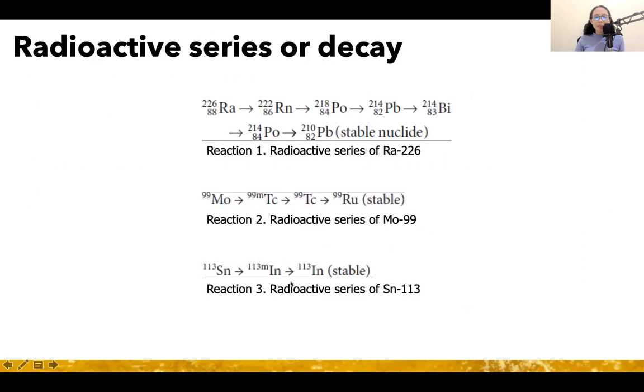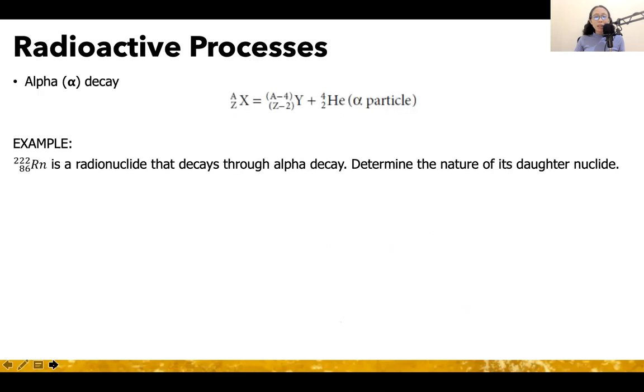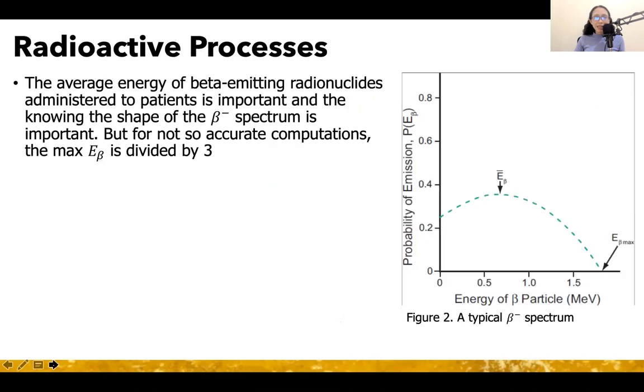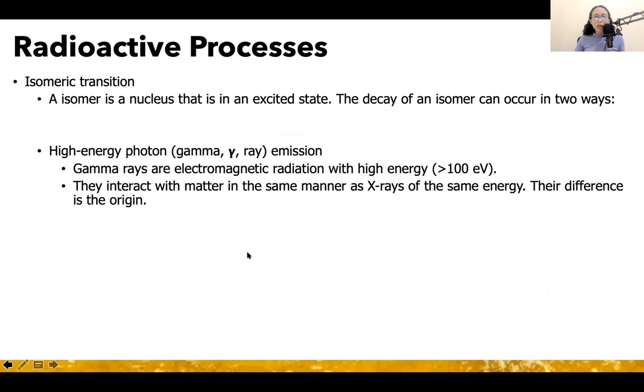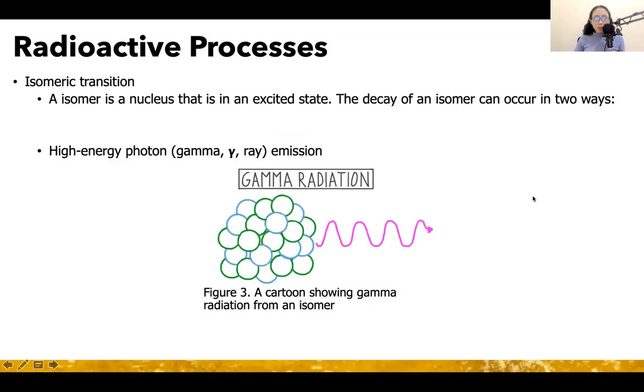Here, okay, so you have this metastable indium 113 and the stable indium 113. These are isomers. Okay, so the only difference is that one of them is in an excited state. Now, an isomer can decay because since it's in an excited state, it can release the excess energy.